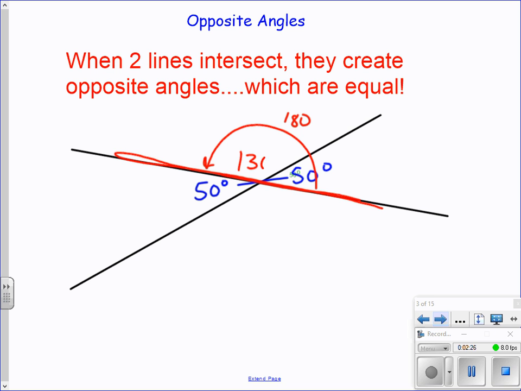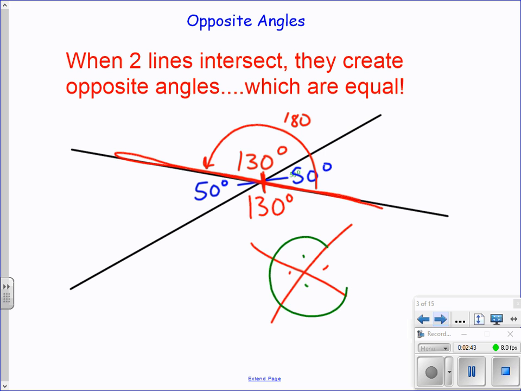This one's got to be 130 degrees, which means across from it has got to be exactly 130 degrees. These two are twins. So don't forget that. Anytime you have an intersection, those are twins and those are twins. And they all add up to 360 degrees. And two of them beside each other add up to 180 degrees.